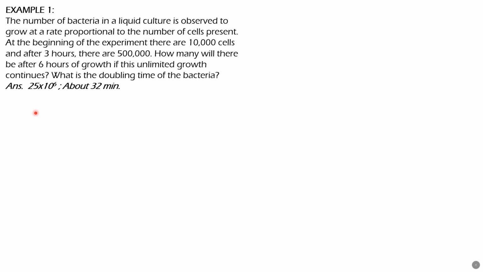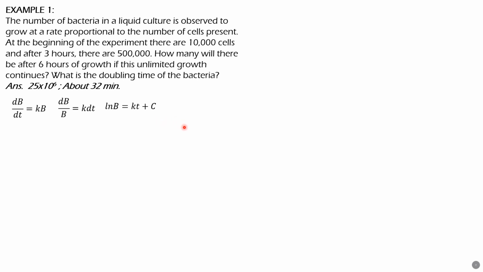So the derivative of B with respect to time is equal to a constant of proportionality times B. Then separating the variables, dB over B equals k dt. Integrating, we have ln of B equals kt plus C, the constant of integration.